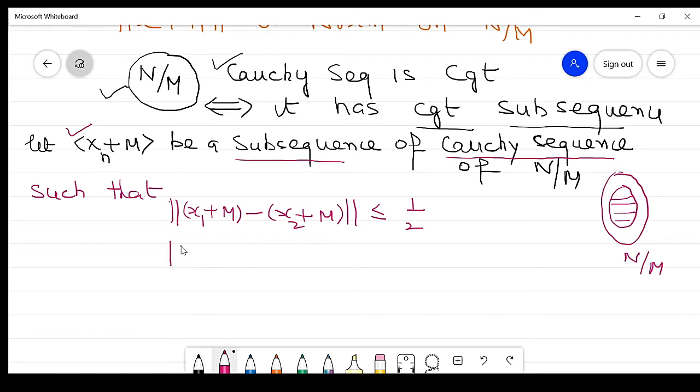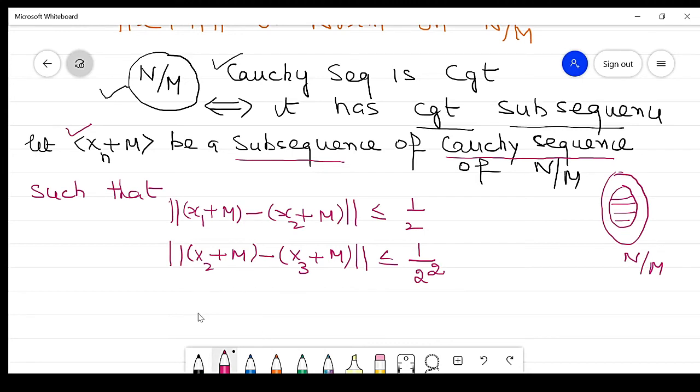Number 2, the norm of x2 plus M minus x3 plus M should be less than 1 by 2 raised to power 2. Here it is raised to power 1, here it is 2 raised to power 2. Clear? So remember it in this way.